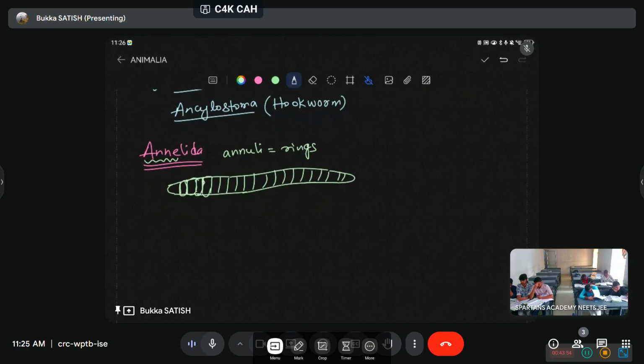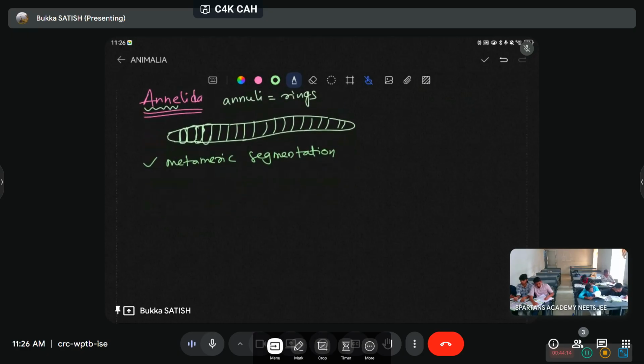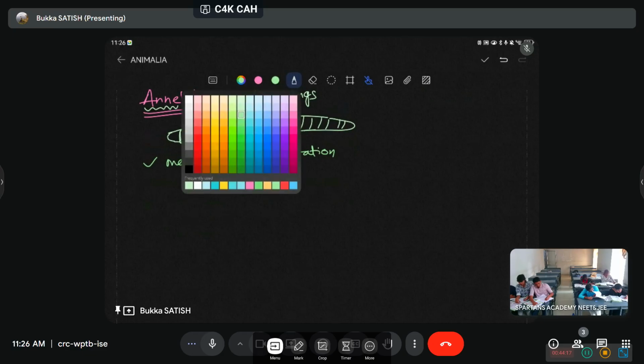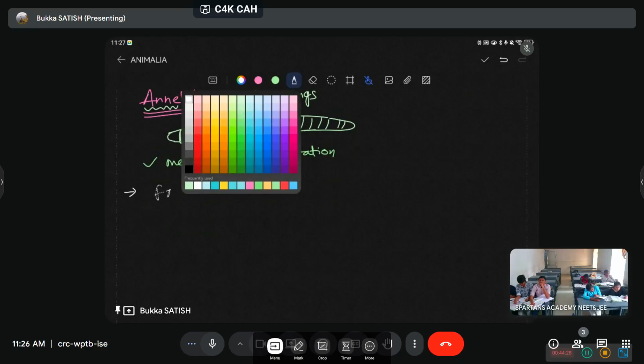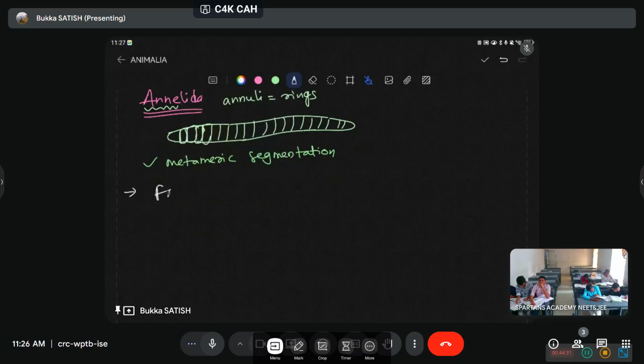Right. Apart from this, the same things: level of organization, organ system, bilateral symmetry, diploblastic, all these are there. But one additional feature here is metameric segmentation, which you don't find in the earlier groups. In addition, other general characteristics: mostly they are free living forms only.